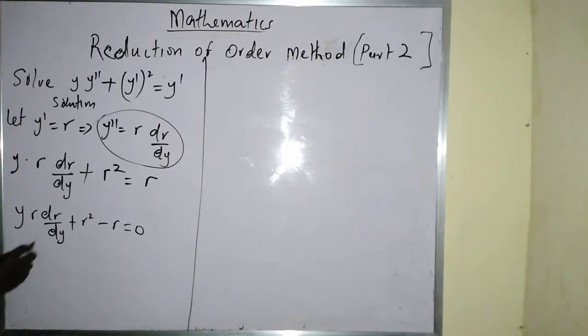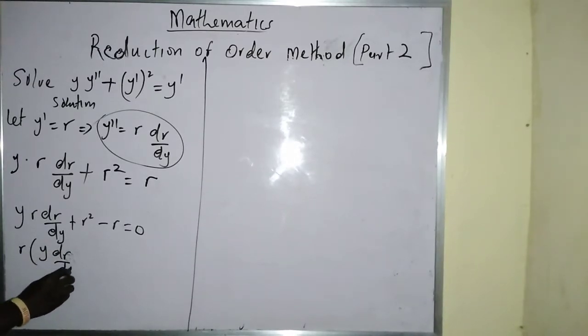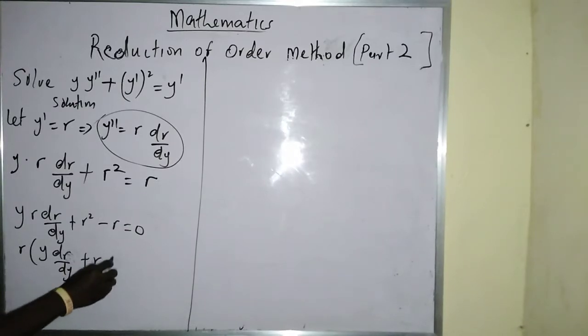I can say r bracket y dr over dy plus r minus 1 equals 0.